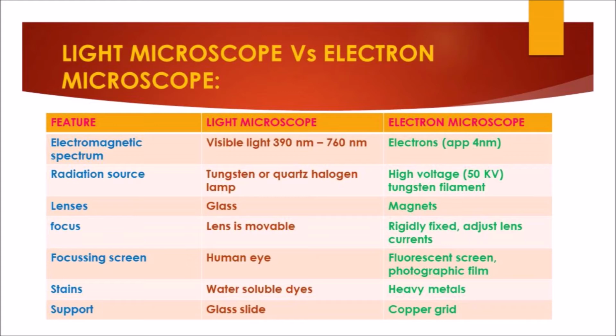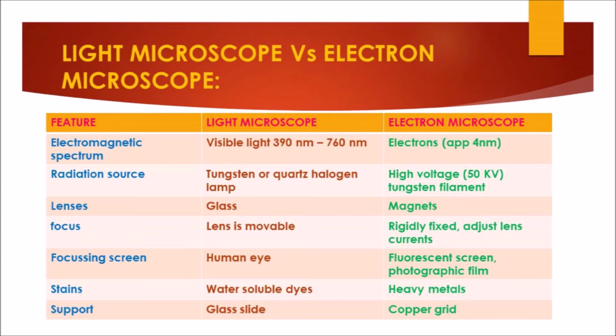For the radiation source, it is a tungsten or quartz halogen lamp in the light microscope. In the electron microscope, it is high voltage, that is 50 kilovolt tungsten filament. In the light microscope, the lenses are glass. In the electron microscope, they are magnets.